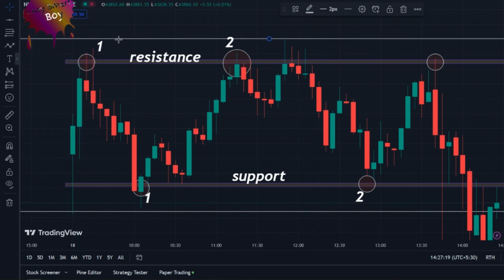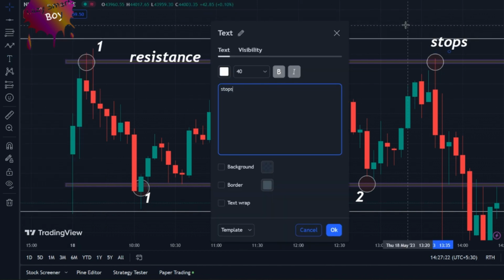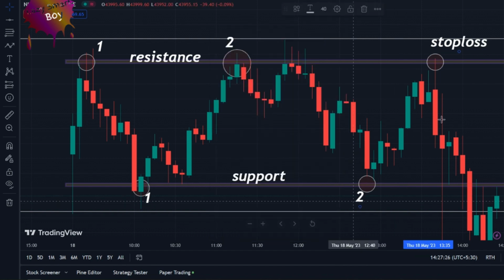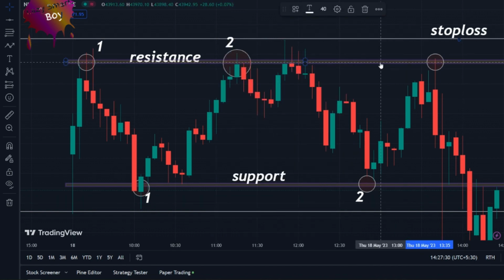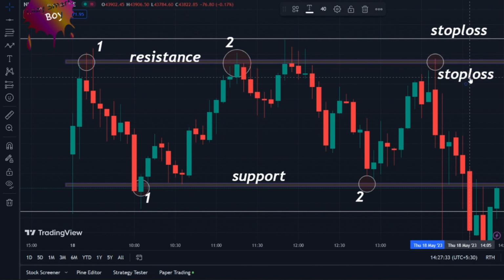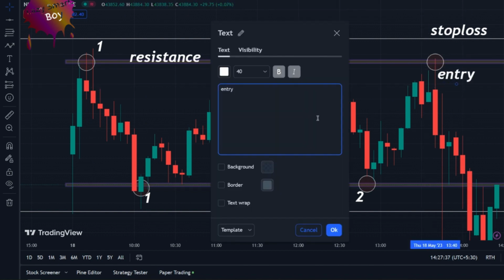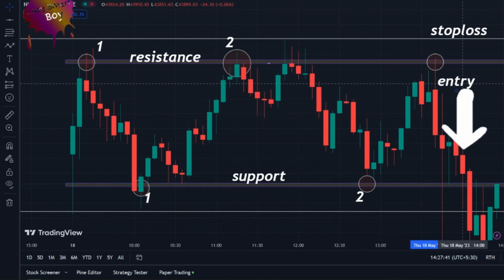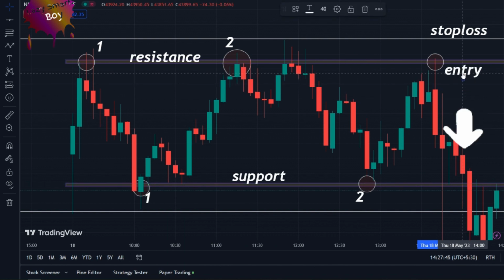Use this level as the stop loss. Take the entry at the breakout rejection candle. Your target will be the support level.